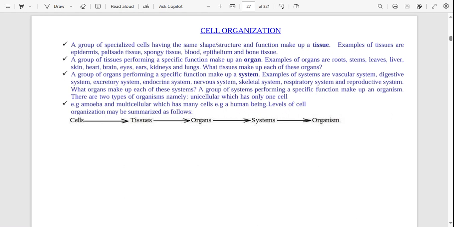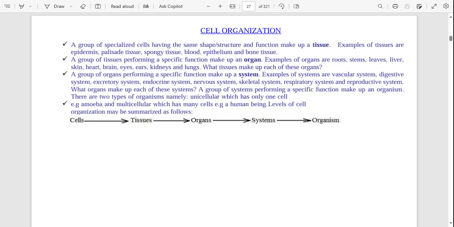If you look at your skin, what lines your skin is a layer which we call epithelium, and that is tissue. Also padded tissue. We also have the spongy tissue. Blood is also tissue. Okay, the epidermis.